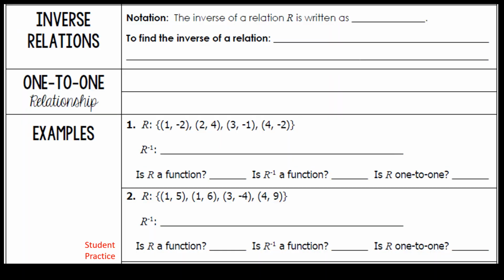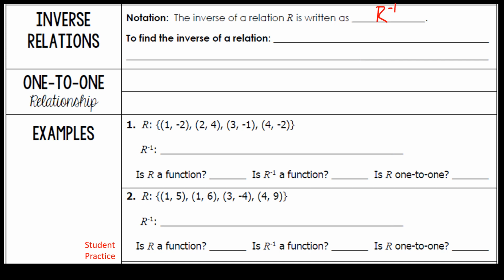So let's talk about inverse relations. We discussed this during Unit 1, and then we talked about this again most recently during Unit 5. Okay? And for an inverse relation, the inverse relation R can be written as R to the power of negative 1.